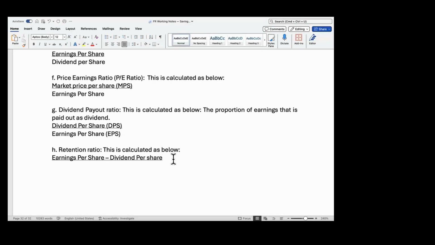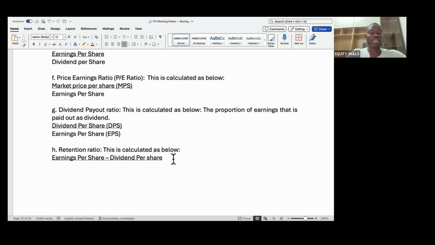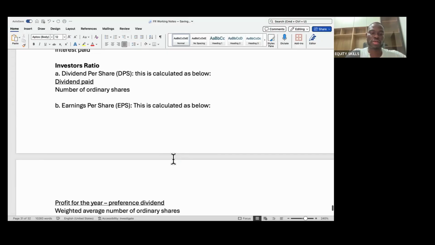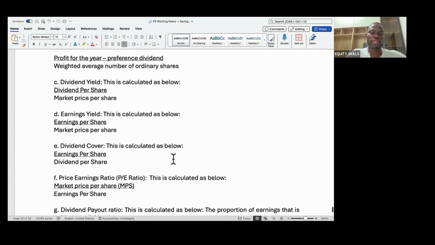So when you're looking at dividend cover, is it in terms of percentage, or is it just a number? The reality for those ones is that either is fine. Dividend cover is more of the number of times. It is interpreted as the number of times your earnings can cover your dividend.